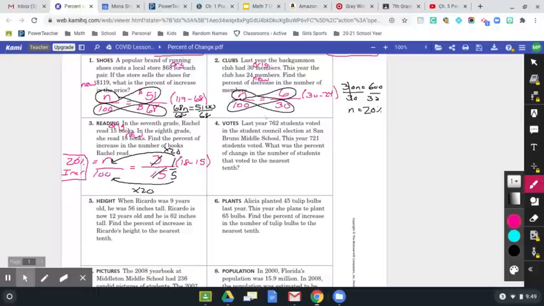Well, last year, this original amount right here was 762 students. This year, which is your new amount, there's 721 students that voted. So from 762 to 721, that is absolutely a decrease.